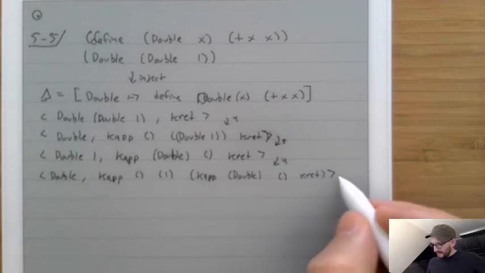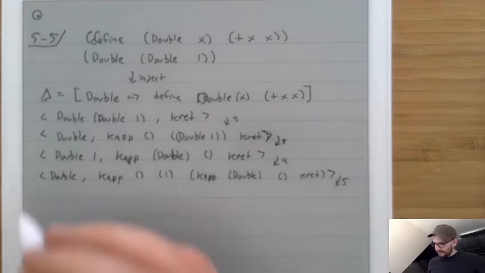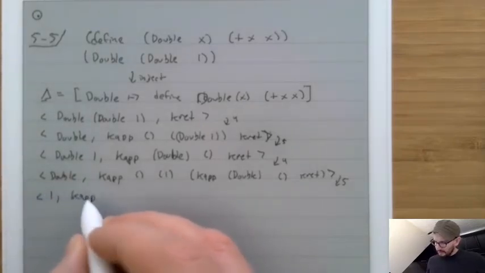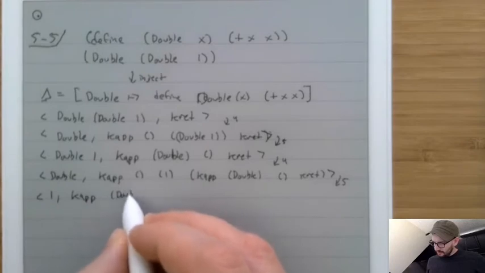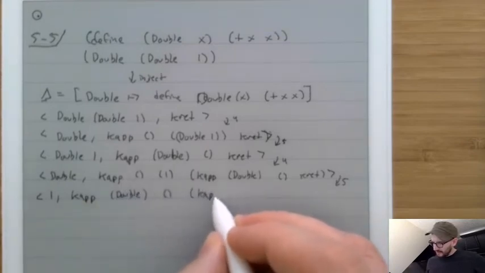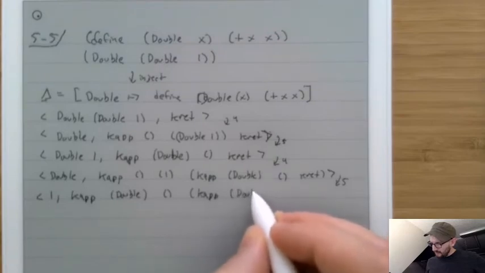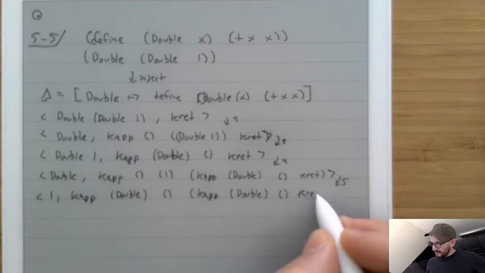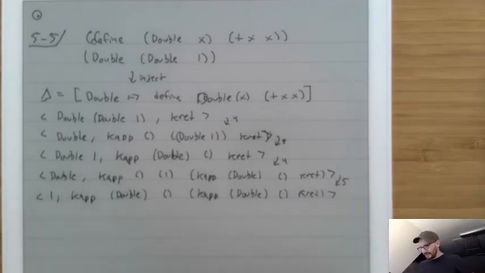Now we use rule 5, and so now we focus on the 1. We have k-app, double, no more arguments, k-app, double, no more arguments, k-ret. Now at this point, we have a value.